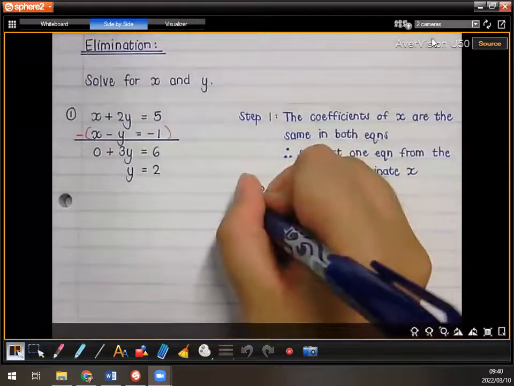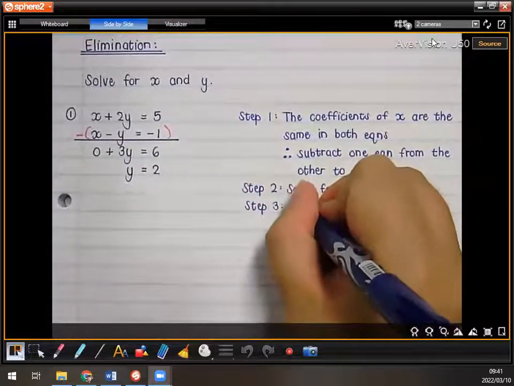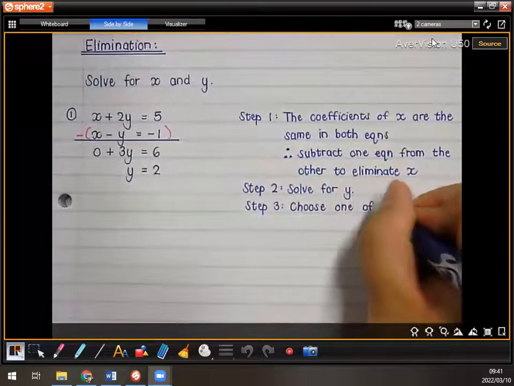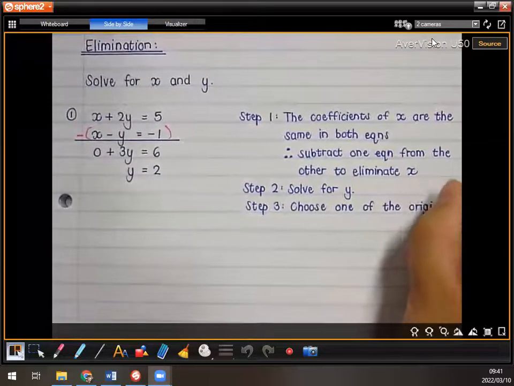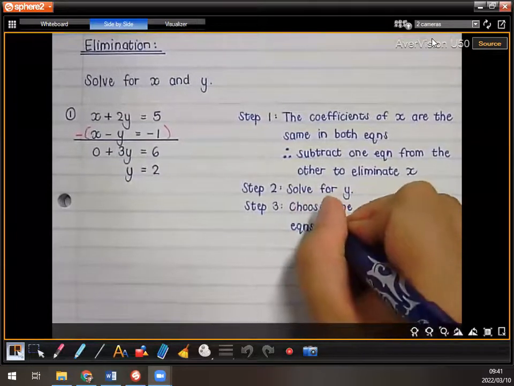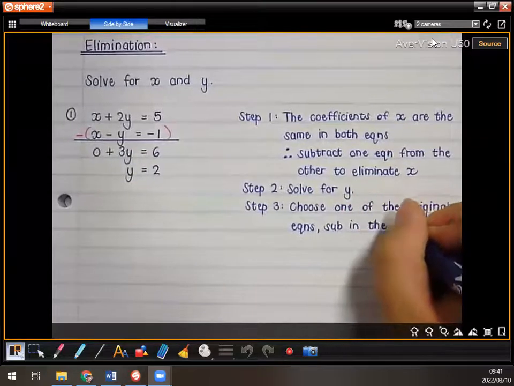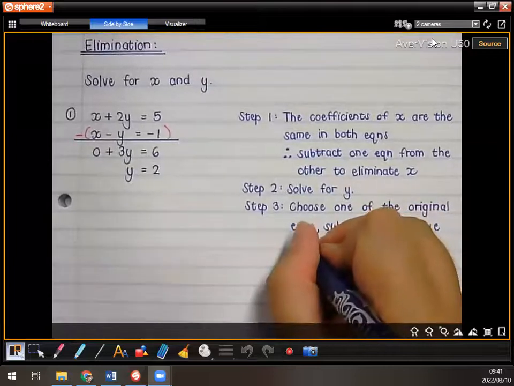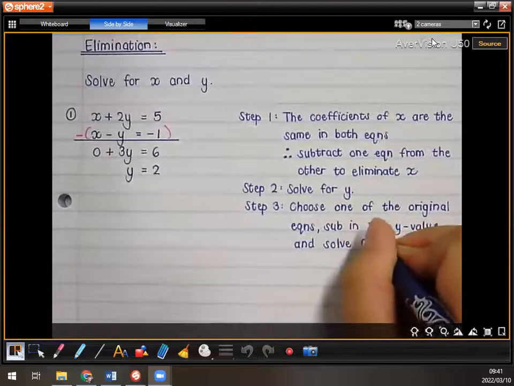Okay, so step 3 is going to be choose one of the original equations, sub in the y value and solve for x.